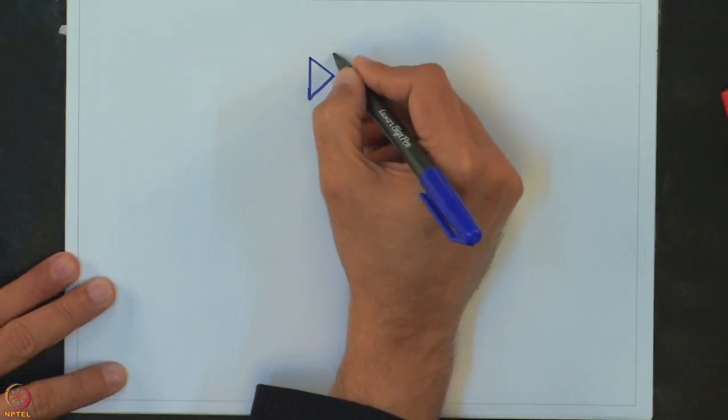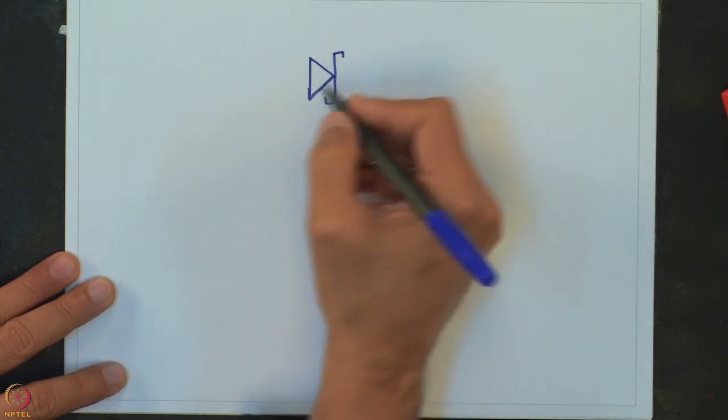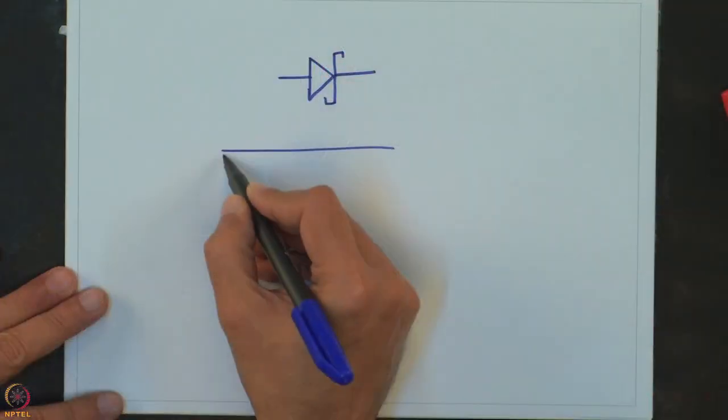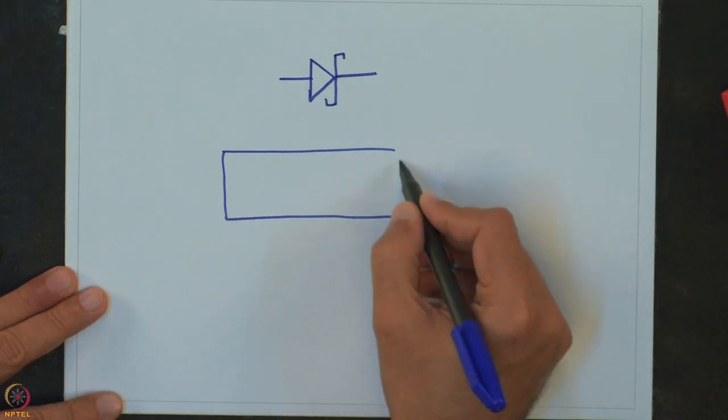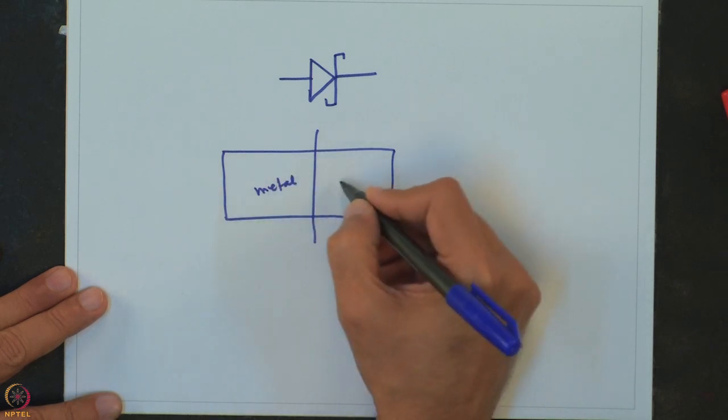There is another type of diode, not a silicon p-n junction diode, which is used extensively in power electronic applications, and this is called the Schottky diode. A Schottky diode is represented by this symbol. It has an interface of metal with semiconductor.